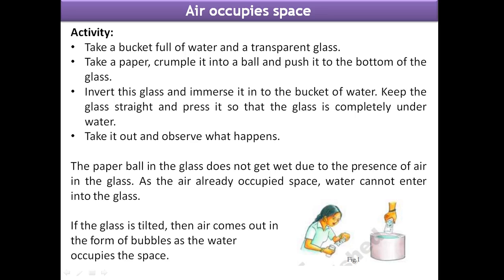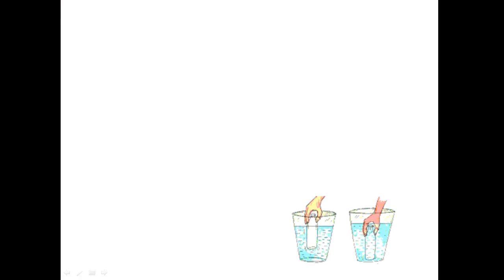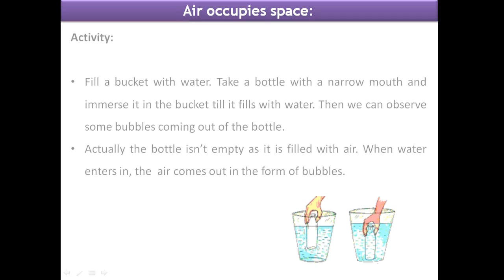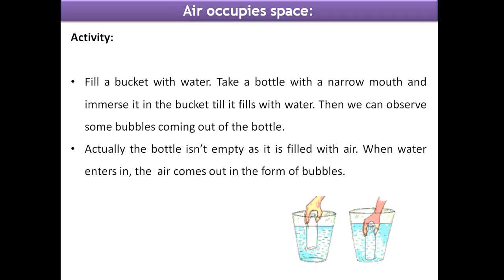If we tilt the glass while immersing it into the bucket, air comes out in the form of bubbles as water occupies the space. Let's observe another experiment which proves that air occupies space. Fill a bucket with water. Take a bottle with a narrow mouth and immerse it in the bucket till it fills with water.